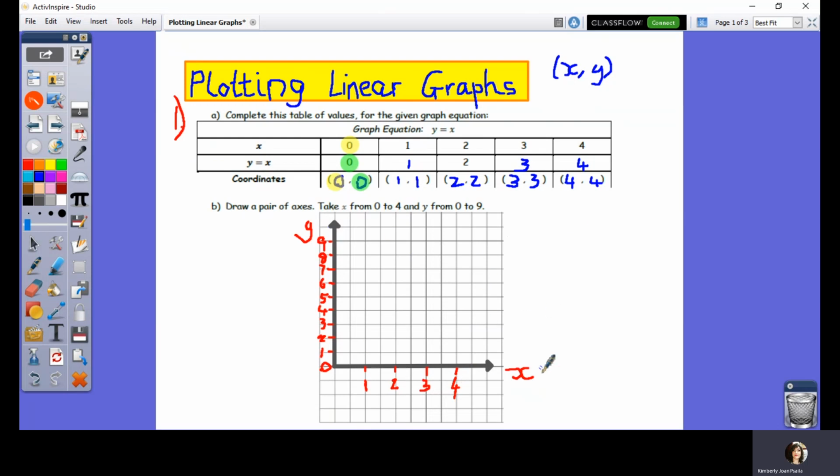Now, I have done this for you. Since I have a lot of squares here on the x-axis, I have used two boxes to represent one unit. So every two squares represents one unit. You can always use one square per one unit, however I have used this method as well.